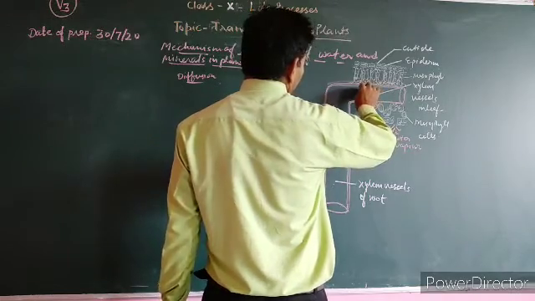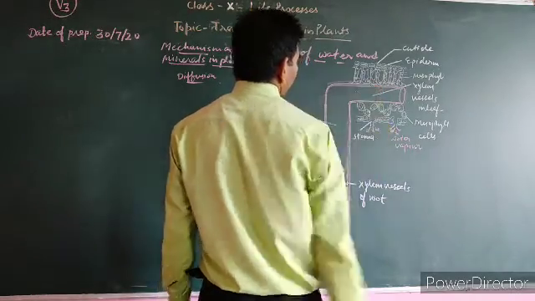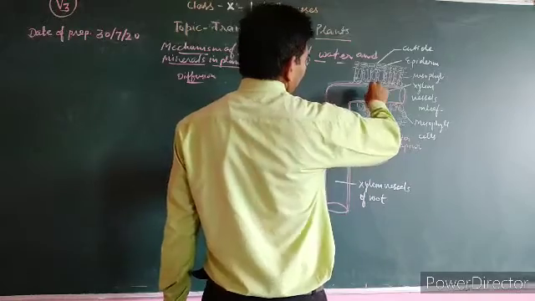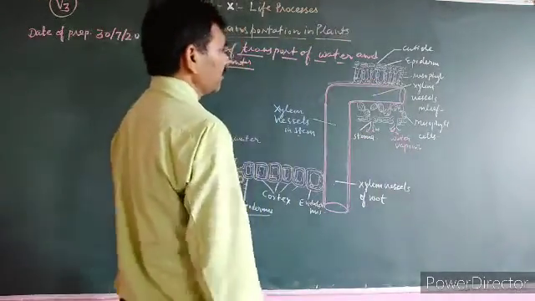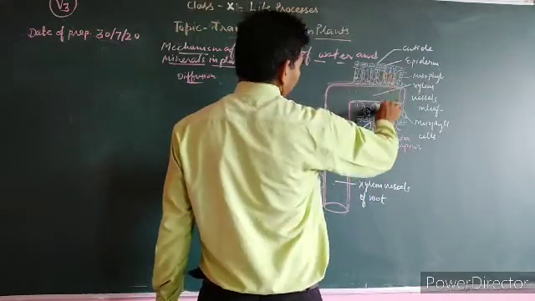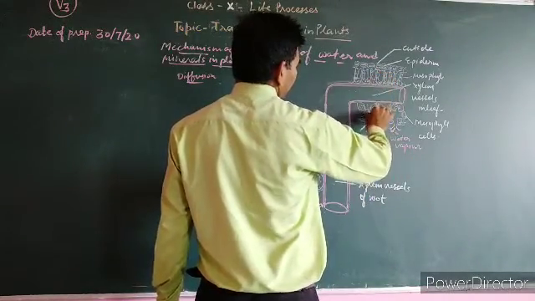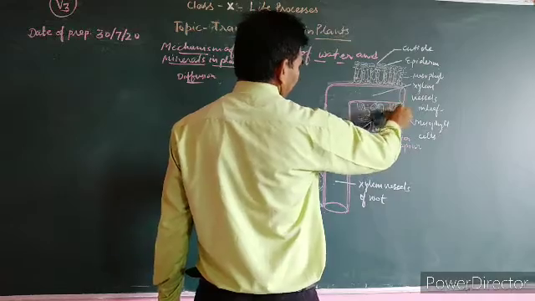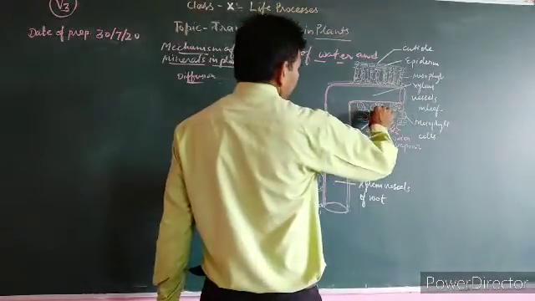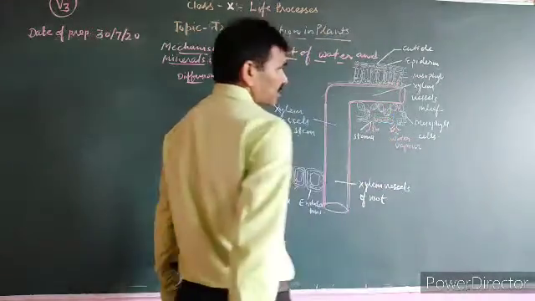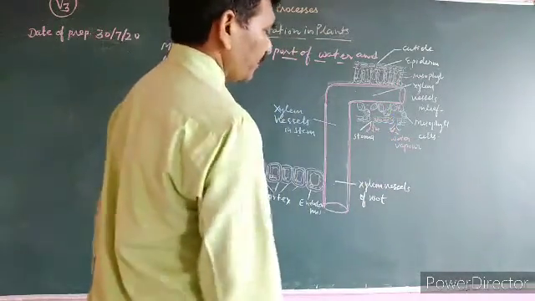From xylem vessels of the leaf, water enters the intercellular spaces of mesophyll cells. Water is here now. So from here, water is lost in the form of vapor.